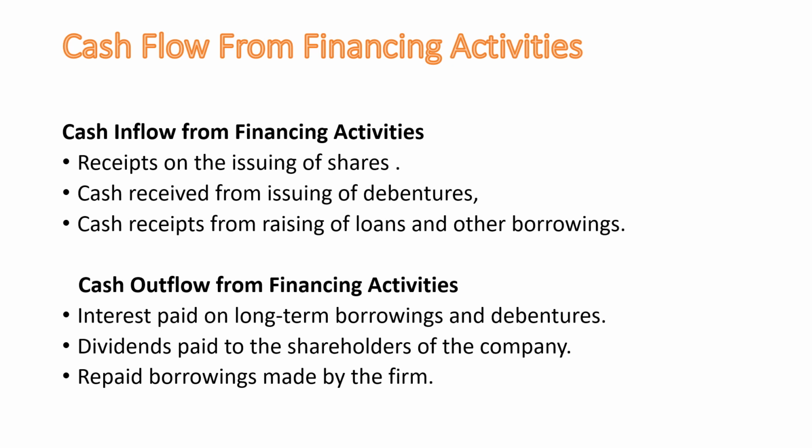If the public purchased shares from any company, then it is the liability of the company to pay the dividend to their existing shareholders. It affects the cash. Repayment of borrowings made by the firm. Repayment of loan is also one of the outflows from financing activities.